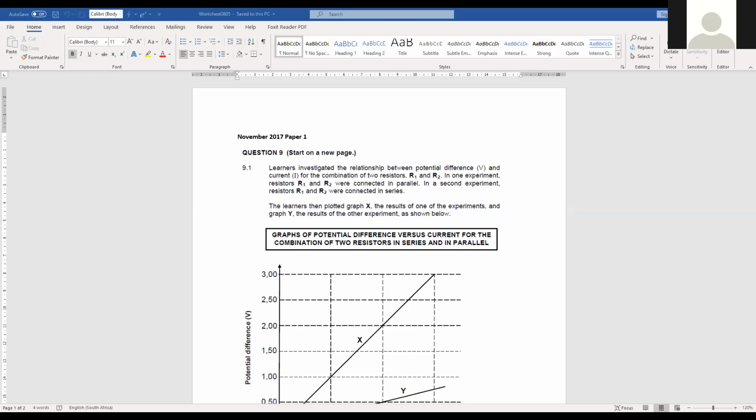Oh, I'm sorry, let me just share my screen. I don't know why I did that. Do you see the right question now? Still not. Hold on. Don't know why it's doing that.